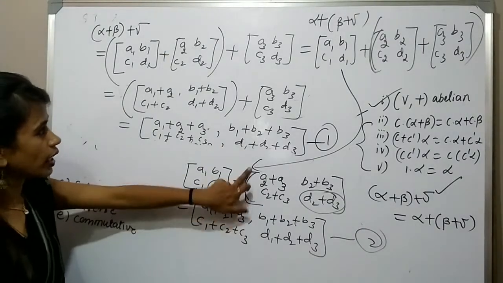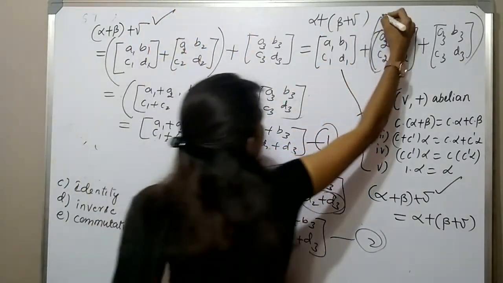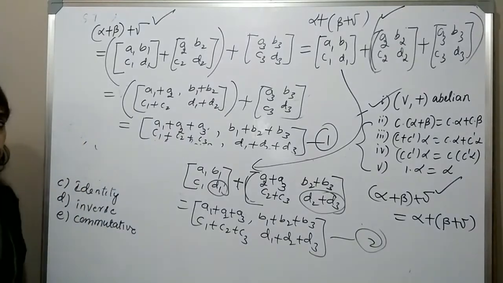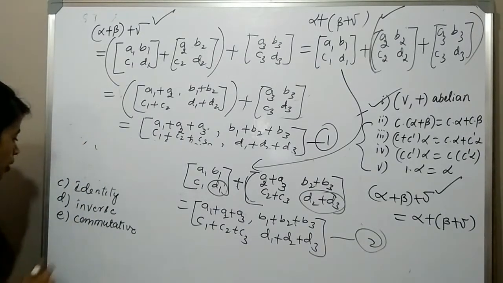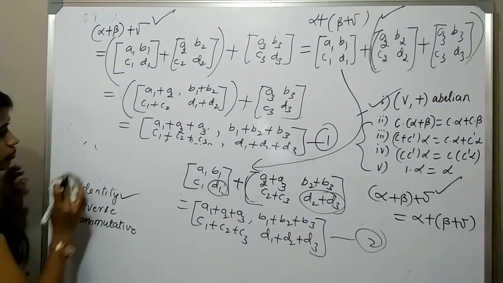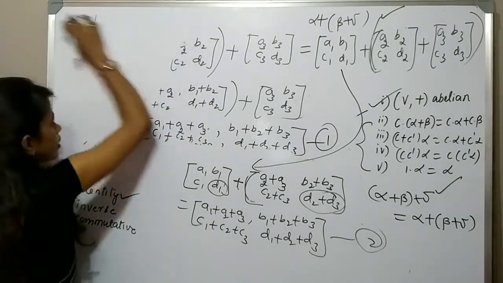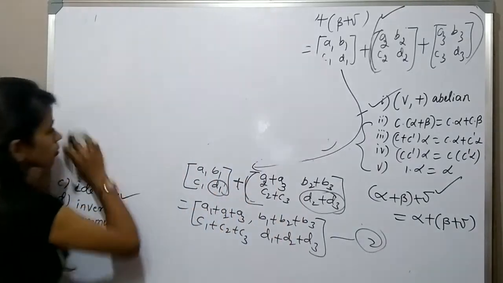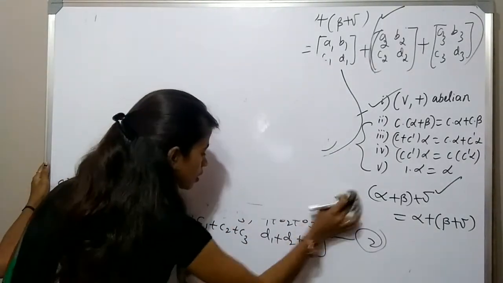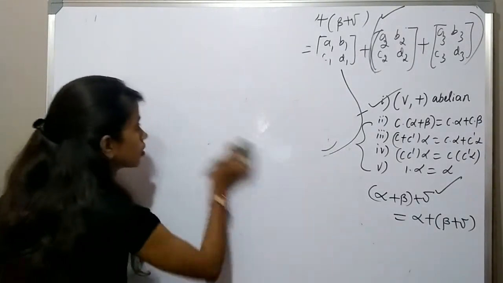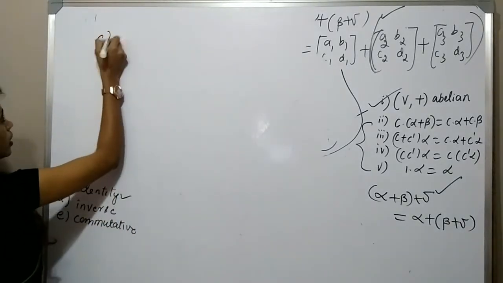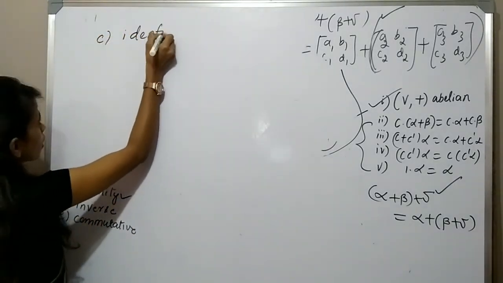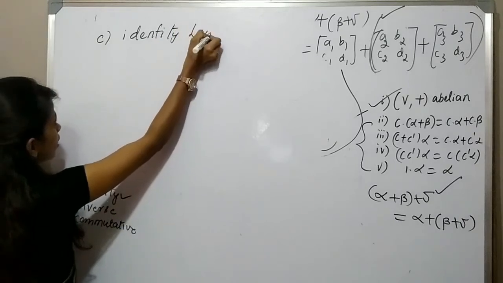So from 1 and 2 we conclude that this one and this one are equal. Therefore associative law satisfied. So next, identity law. For that third condition, identity law, additive identity.